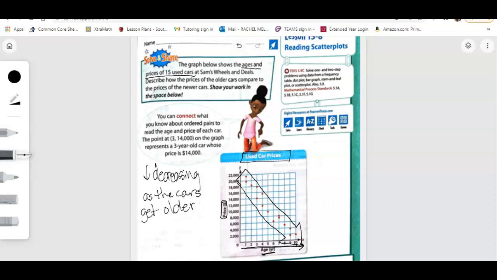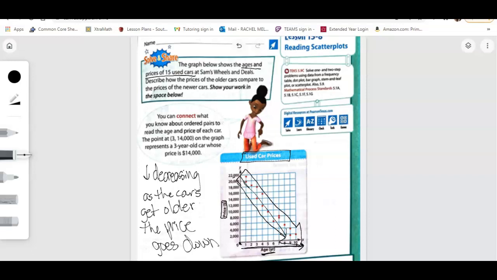Then I look over here. Well, a brand new car is 22,000. And then it goes down, doesn't it? So as the car gets older, the price is actually going down, isn't it? The price goes down.